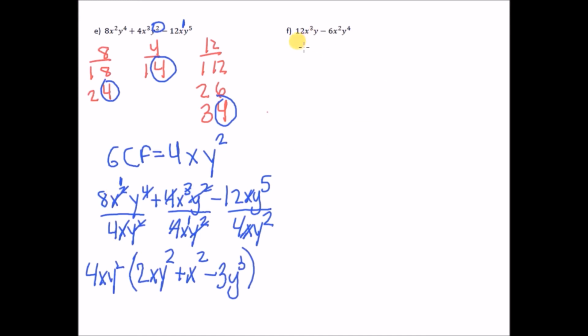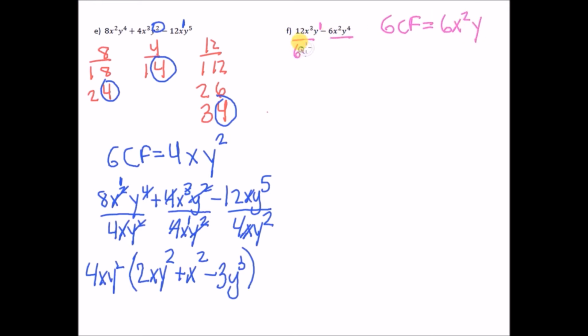All right, last one for this section. I'm going to skip these steps. So greatest common factor. I know that 12 divides by 6. So our greatest common factor is going to be that 6. Now x cubed and x squared, we're going to choose x squared. x is common in both. We choose the lower exponent. y to the 1 and y to the 4, so we just divide by y to the 1.